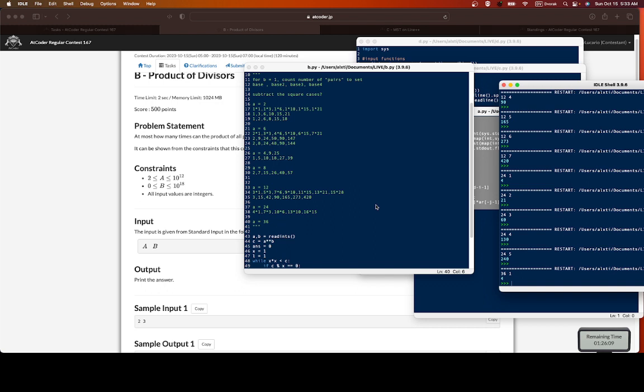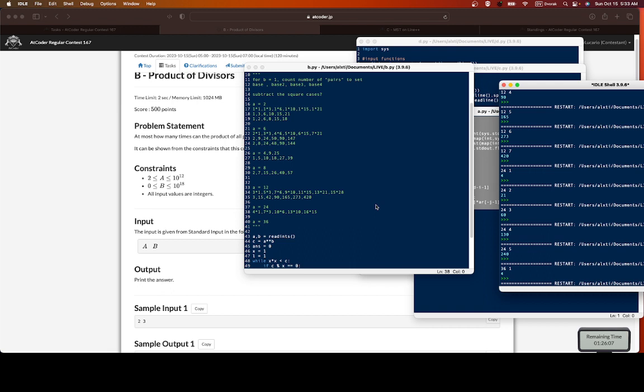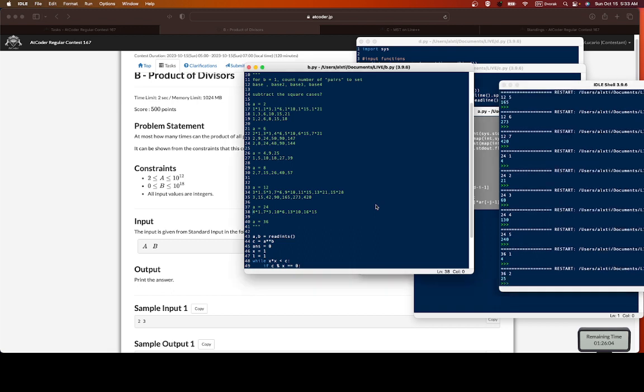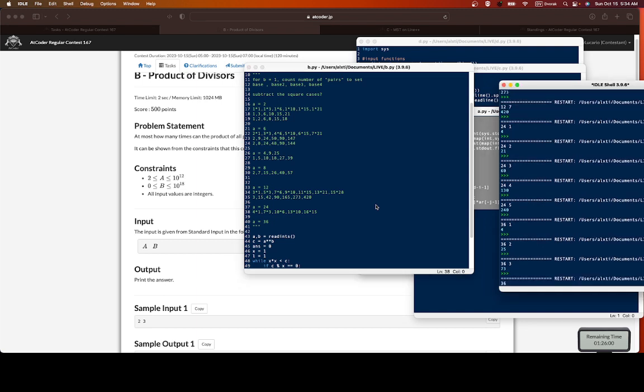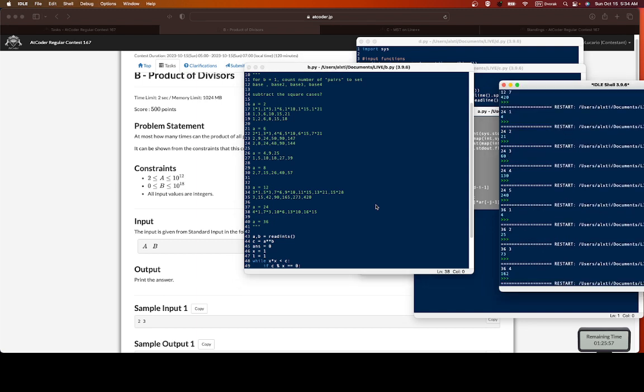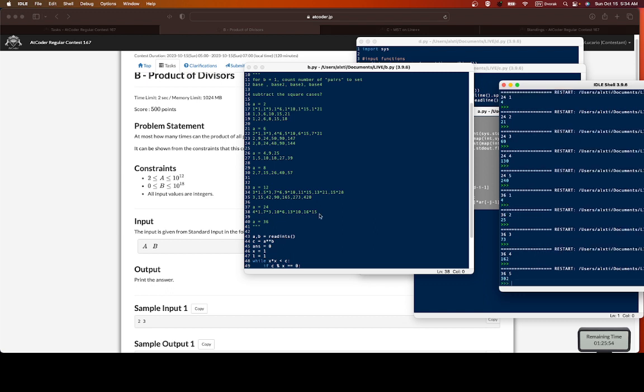Except now you have a 6. A 6 squared. Four, 21, 60, 130, 240.